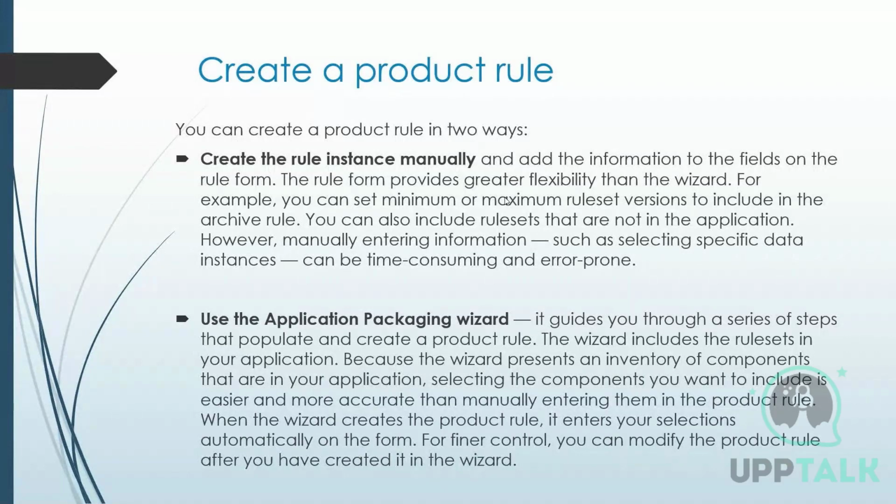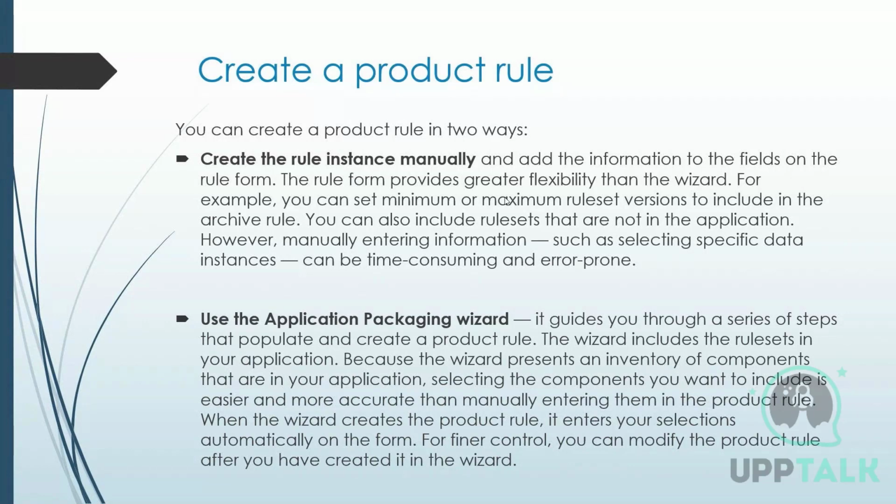Okay. Now on the other hand, there is a wizard. Right? So we call it an application packaging wizard. When I say wizard in Pega, it gives you a lot of details. It itself provides you information. It's like a sequence, a set of steps is involved, and it goes in a very organized manner.